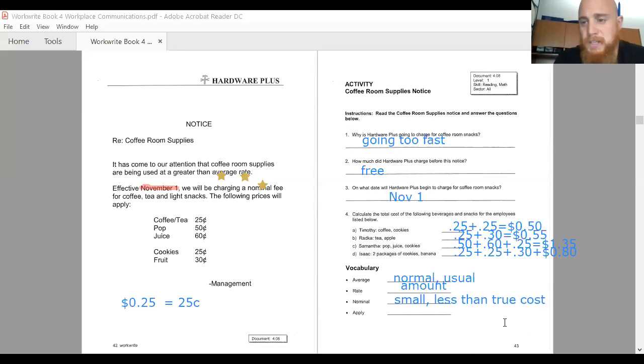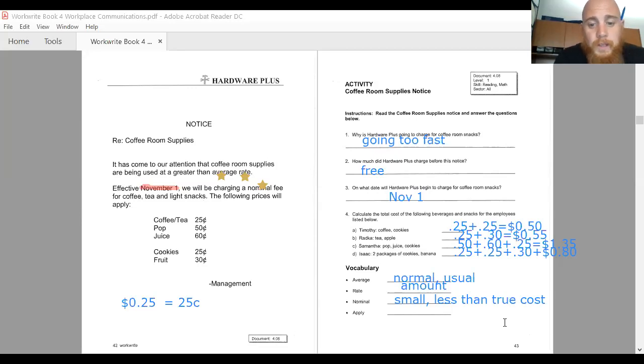They just don't want it to be so much of a cost to the lunchroom, because Hardware Plus is paying for these. They don't want to make money off it, but they want people to be maybe a little bit more respectful with how much they take, because it looks like it's not a canteen. It looks like you just leave the money there. It doesn't mention a canteen or anything like that. It just says coffee room supplies.